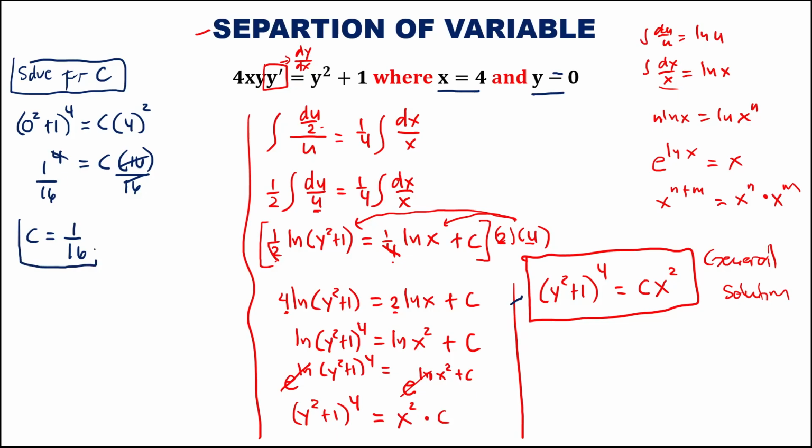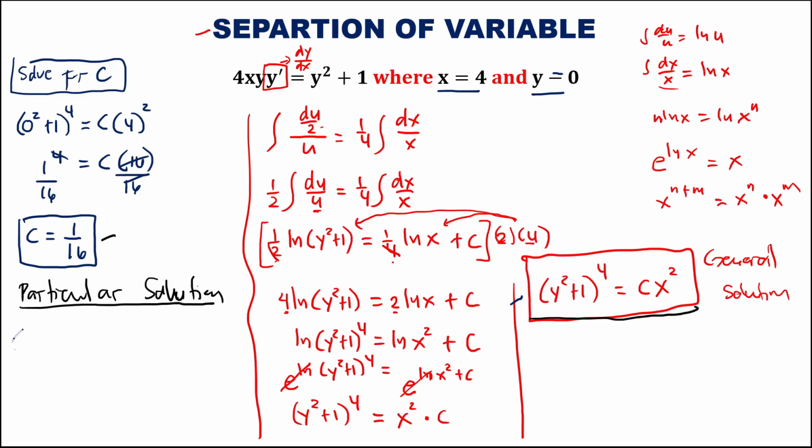So since we have now the value for c, we can find the particular solution. For the particular solution, we need to substitute the value for c into this equation.